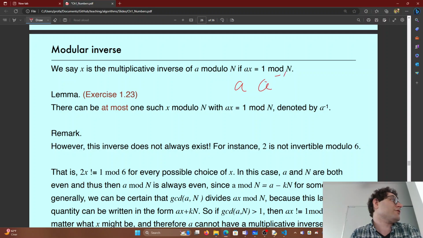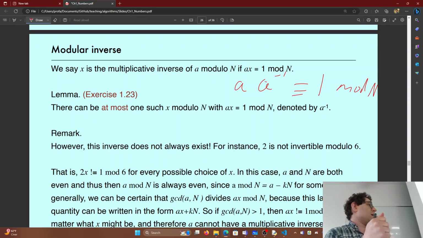That's how we do the modular inverse here. And what that's saying is A times its inverse is going to be 1 mod n, okay? So in other words, the inverse is the thing you multiply against to get 1.